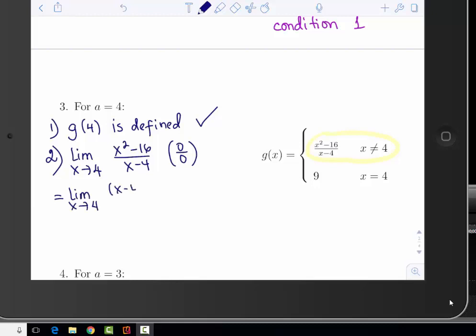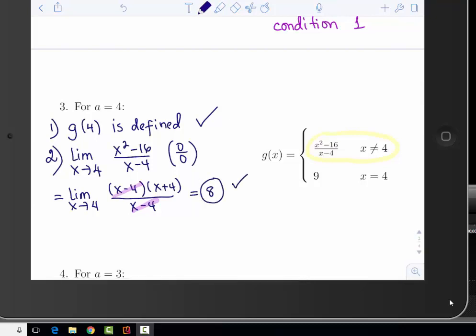We get x minus 4 times x plus 4 over x minus 4, which will let us get rid of one of the factors. So x minus 4 is a common factor. That cancels out. We can evaluate the limit and we get 8.